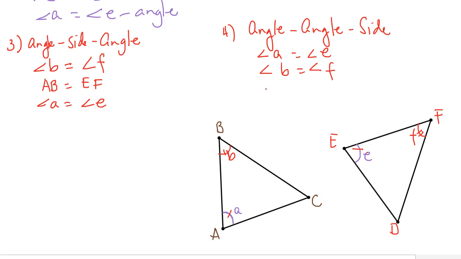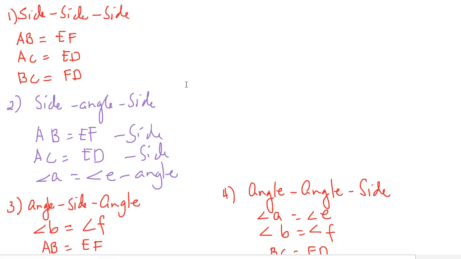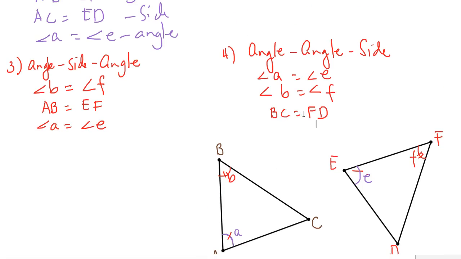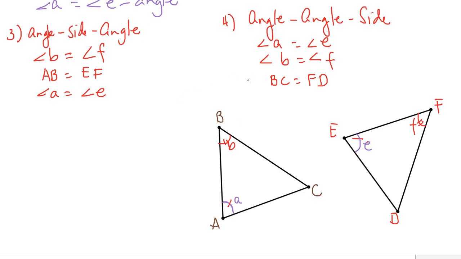For example, side BC equal to side FD, which is not in between these angles that we have just discussed. Then these two triangles are also congruent.